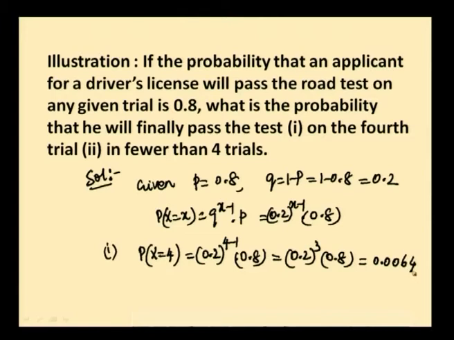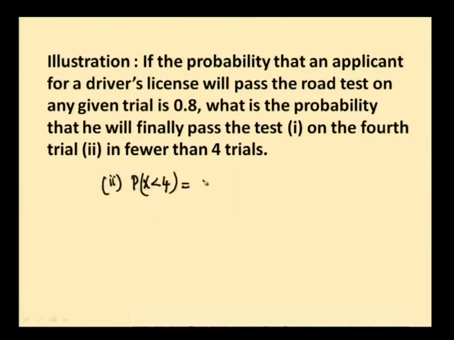Second subdivision is fewer than 4 trials, P of x less than 4, that is P of x equal to 1 plus P of x equal to 2 plus P of x equal to 3. So q power x minus 1 into P, q is 0.2 and P is 0.8.